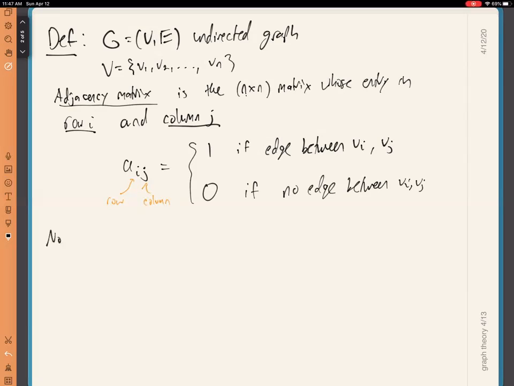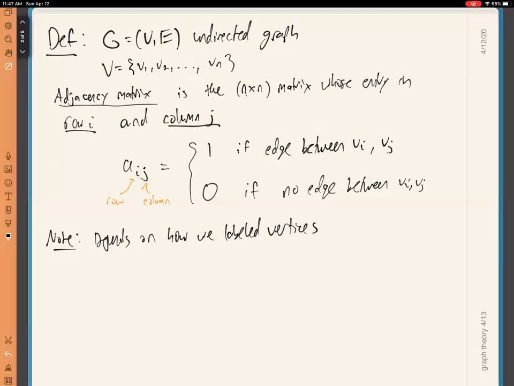So one thing to point out is that this depends on how I labeled the vertices. Right, so it's possible that if you happen to label the vertices in a different way, maybe your matrix will look a little bit different. It's still going to describe the same graph, but maybe the orders of the rows and columns may be a little bit different.